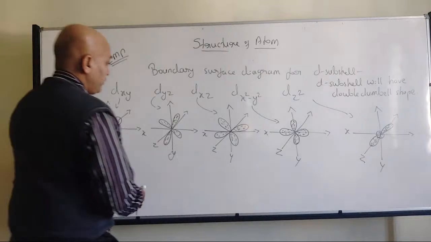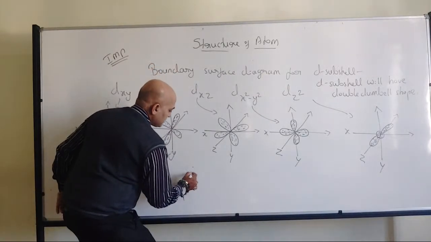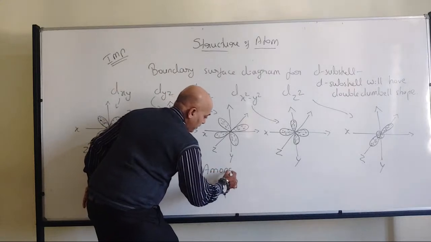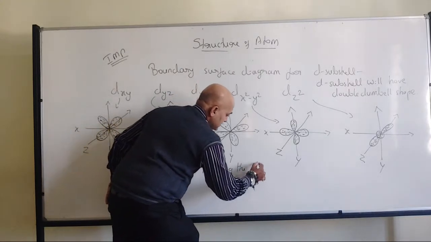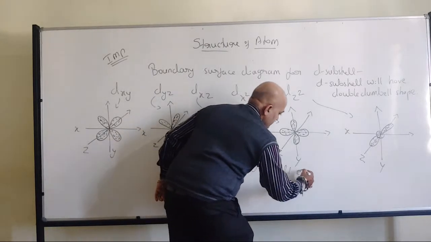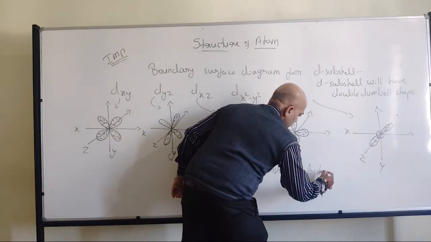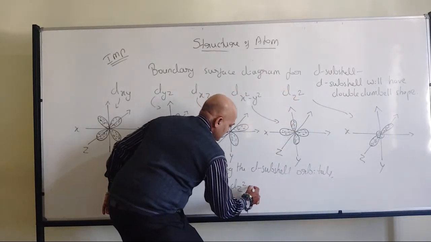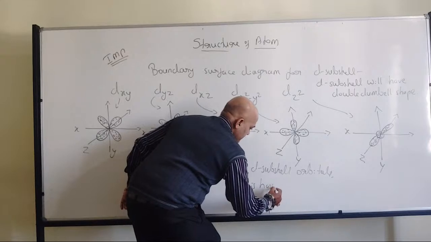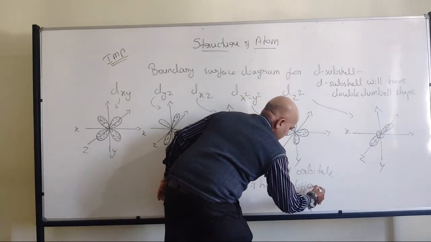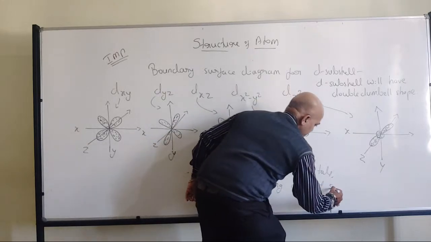Yes. So therefore we can tell that among the d subshell orbitals, dz square is having a different shape.